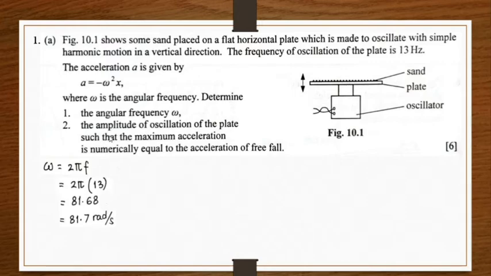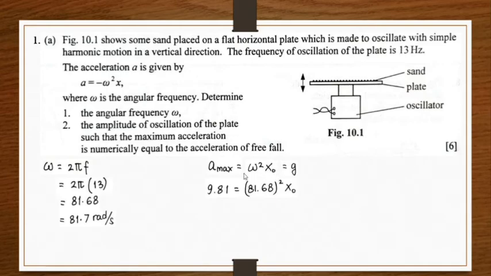And then we want to determine the amplitude of oscillation of the plate such that the maximum acceleration is numerically equal to the acceleration of free fall. So a max is equal to omega squared times x0. In this case, it is the same as the acceleration of free fall, or g, which is 9.81. So 9.81 should be equal to omega squared times x0.